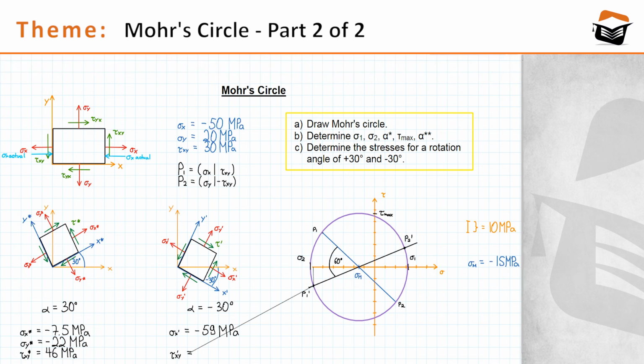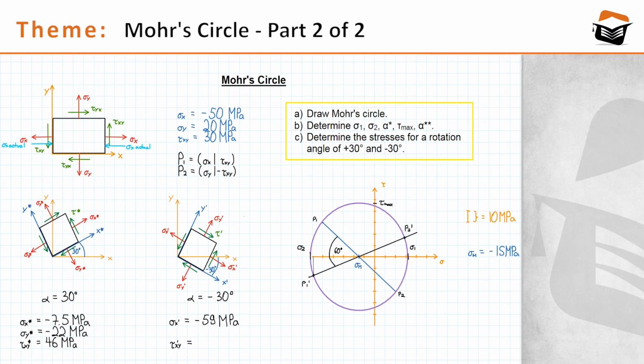I will draw a horizontal line to find out the precise location of tau prime. That's roughly minus 16 megapascal.